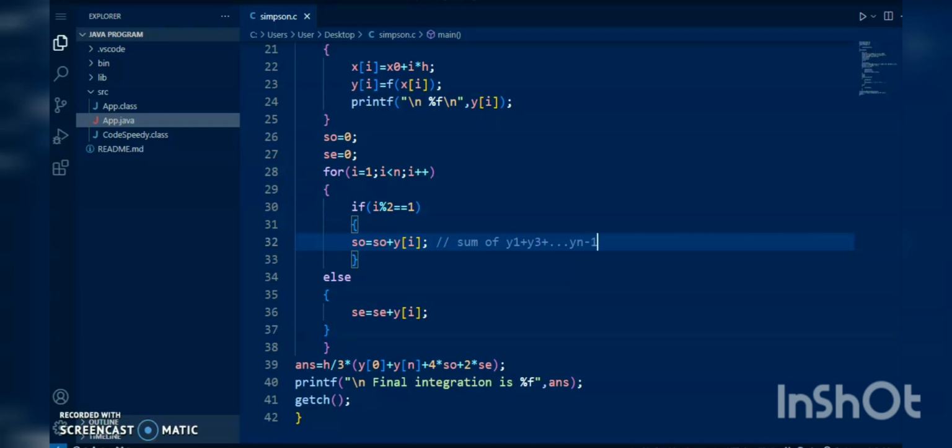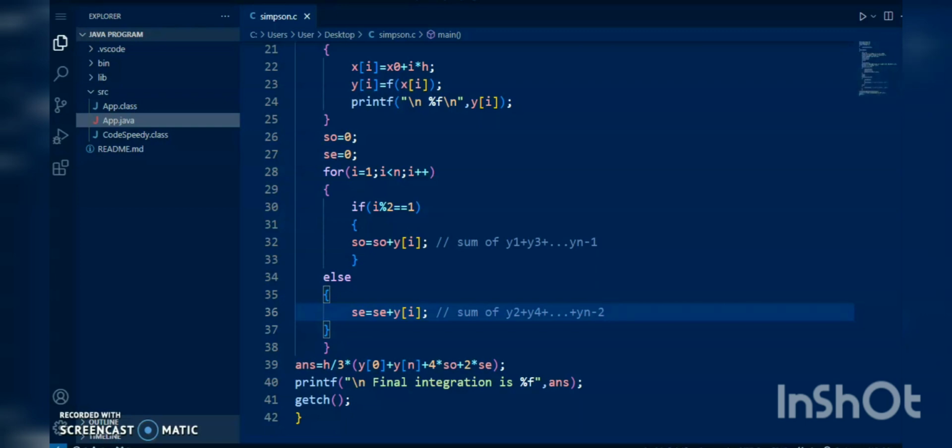This is for the odd terms, and in this case the sum of y2 plus y4 plus up to yn minus 2. I used this formula here.